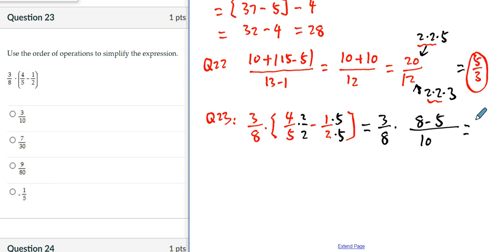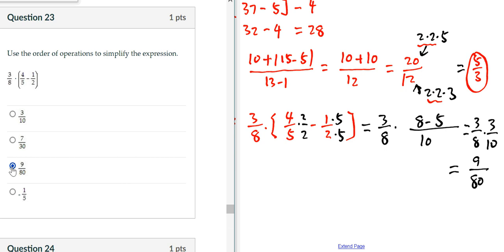What do we get? 3 over 8 times 3 over 10. It sounds like we cannot cancel anything. That's fine. 3 times 3 is 9. 8 times 10 is 80. Do we have one here? Great. 9 over 80. That's what we need.